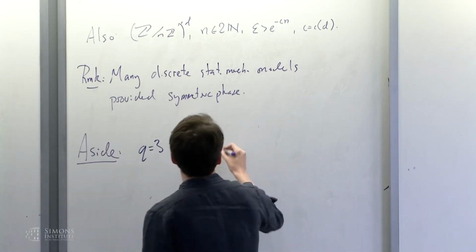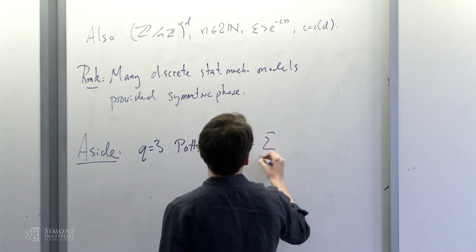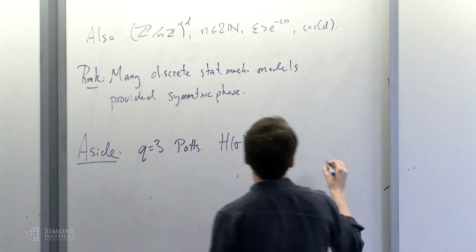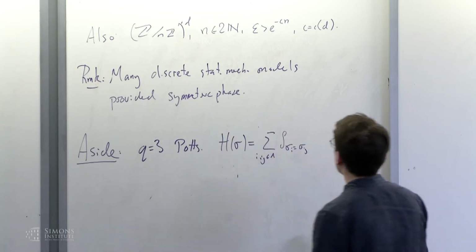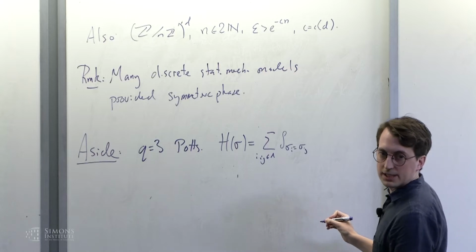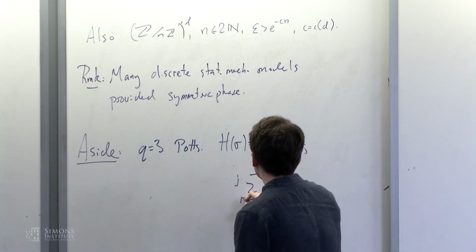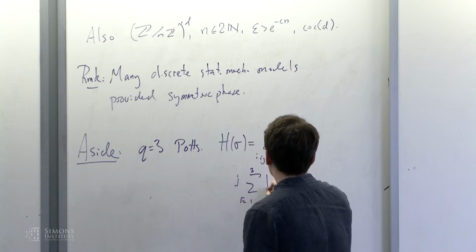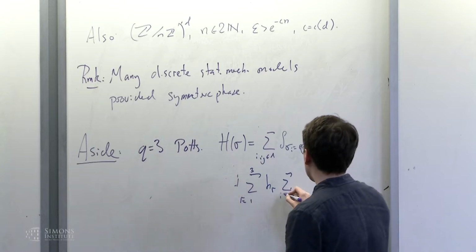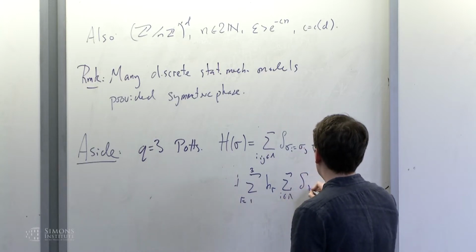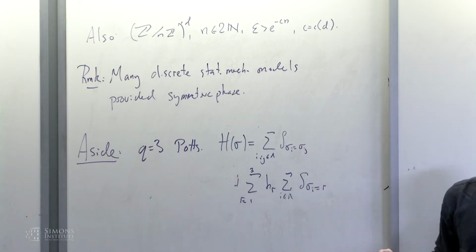For me, I want to write the energy of a configuration. I sum over all vertices in the graph, and I check when the color at the vertex i and the vertex j is the same, and then I add an additional term that sort of favors one color or the other according to some parameter h.